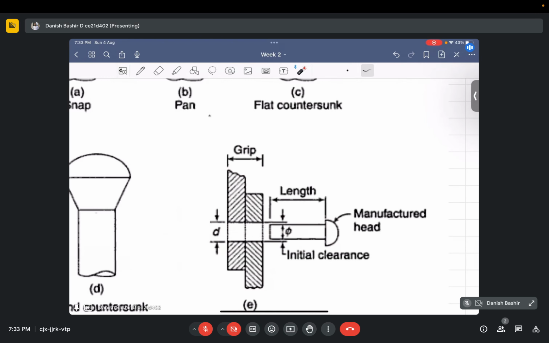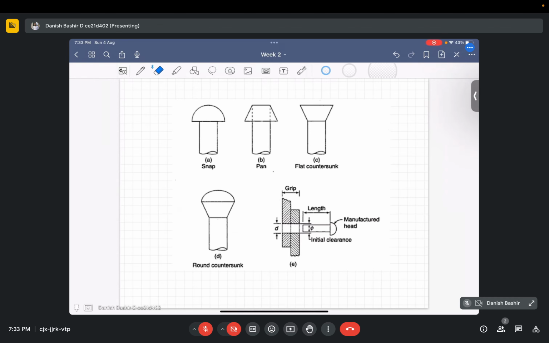So, the usual form of the rivet head employed in structural construction is the snap head. This type of head is mostly employed. Okay, so this is one of the common types of rivet head, so keep this in mind.